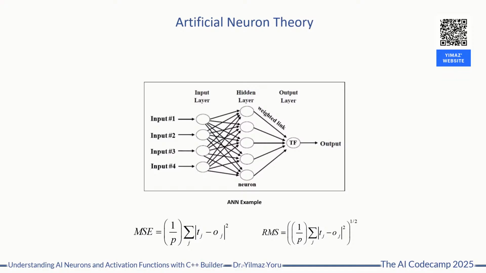This is a very simple artificial neural network example that has 4 inputs, 1 output, and 1 hidden layer. At the end, you can compare your results with other results by using mean square error or root mean square error formulas, or you can also use normalized mean square error functions. When you are training this network, we use backpropagation algorithms, which go from output to input, and we use the derivative of these activation functions.